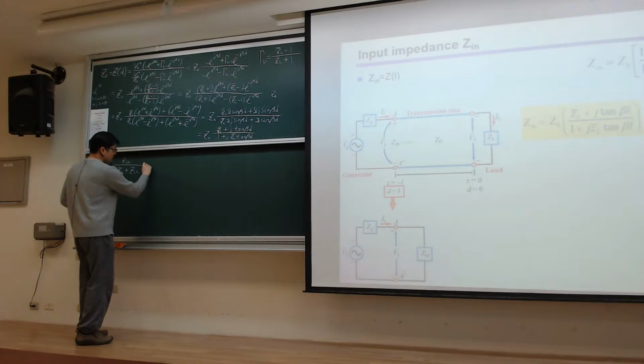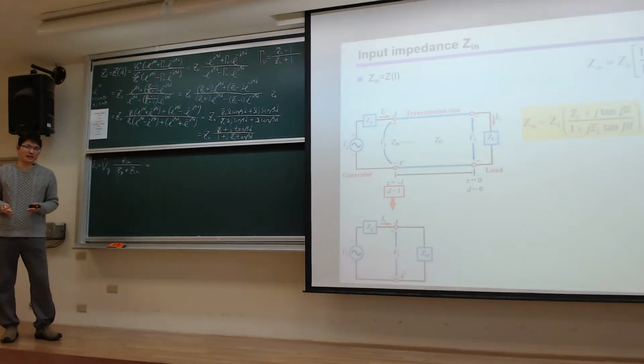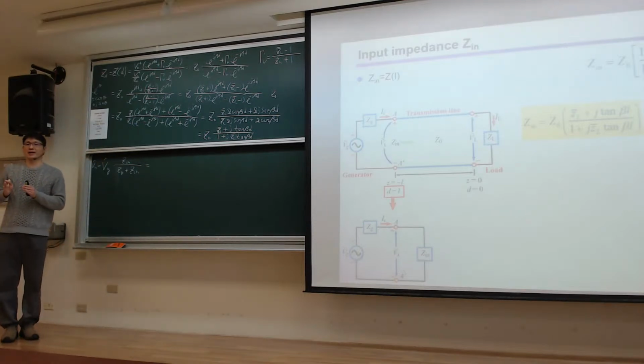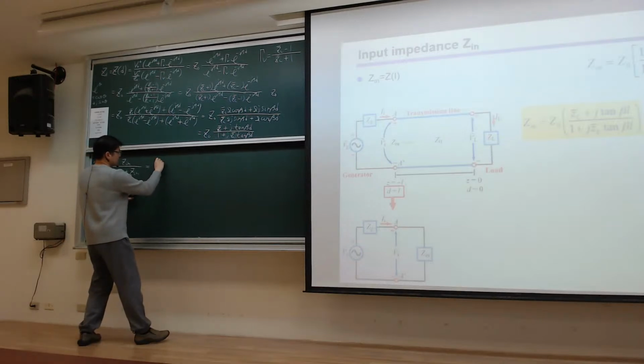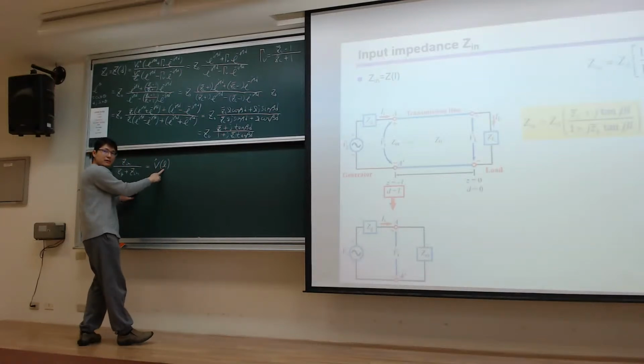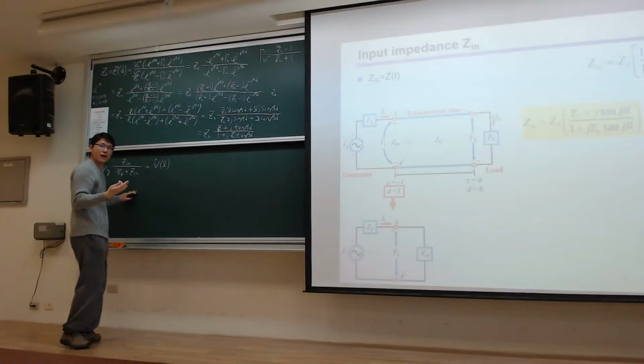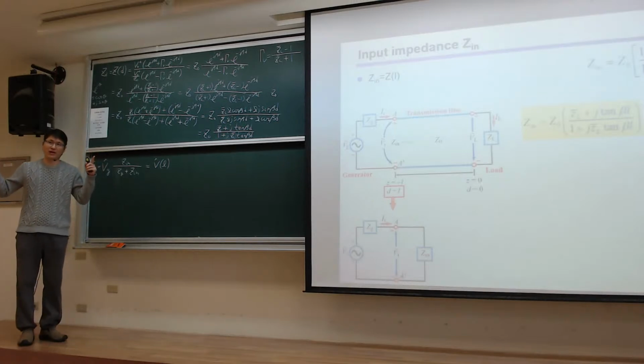But this VIN, at the same time, I already know my expression for the total voltage everywhere on the transmission line. So that is V total at L, right? What is L? L is the total length of my transmission line.